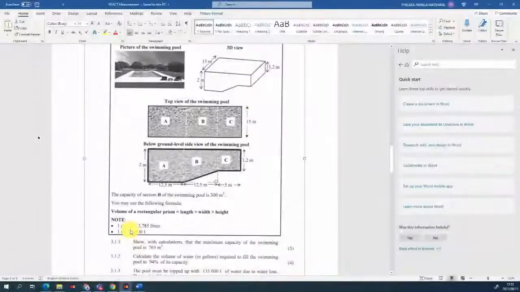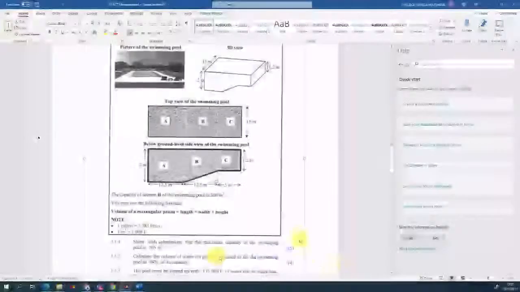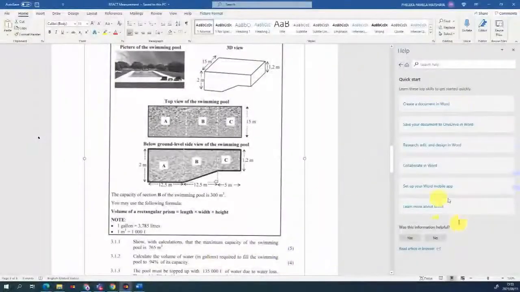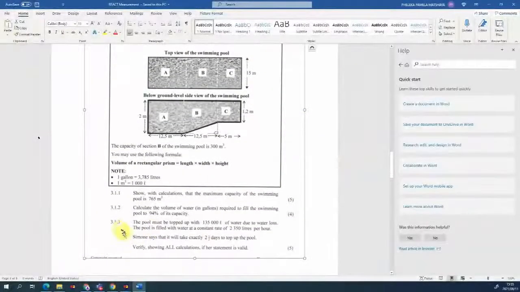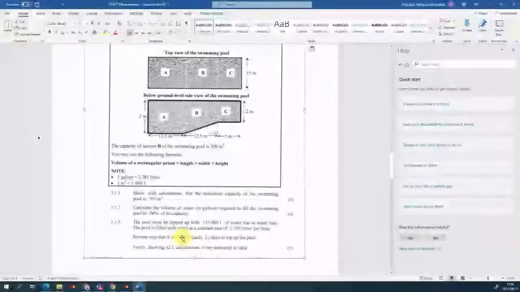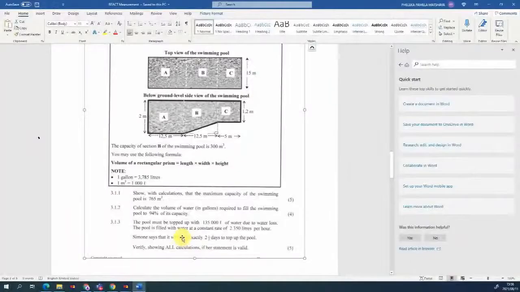Then they say at 3.1.3, the pool must be topped up with 135,000 liters of water due to the loss of water.